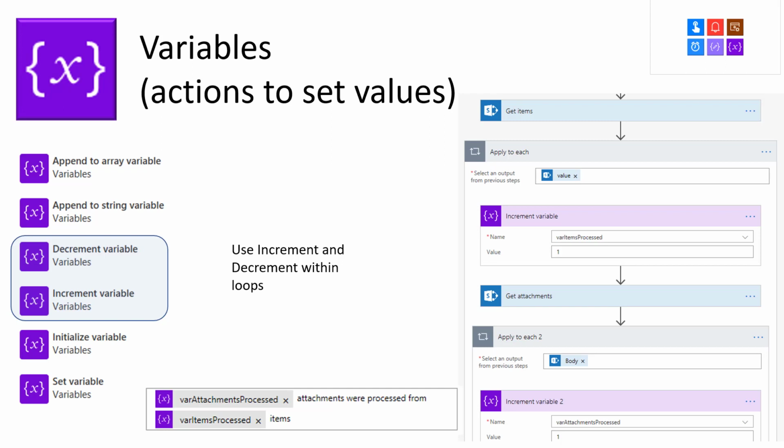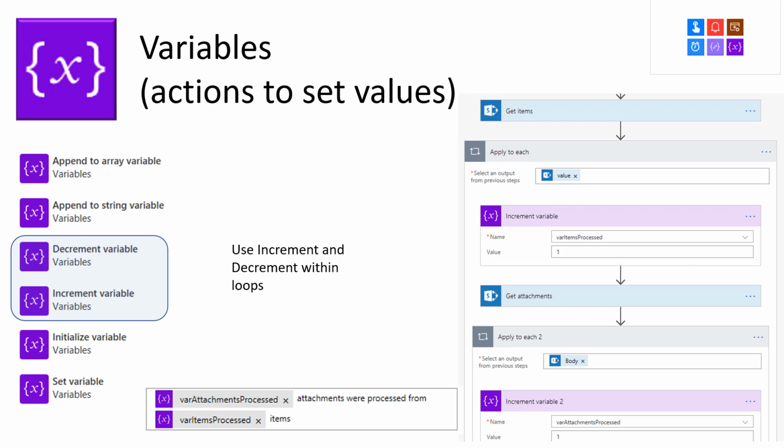And then in this case, what I'm trying to do is get attachments on each of the items in the list and basically put them into a document library as separate documents. So I want to get attachments, and of course there could be multiple attachments on each item, so that sets off another apply to each loop.